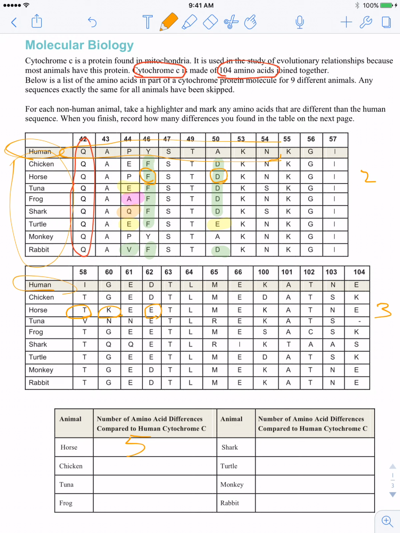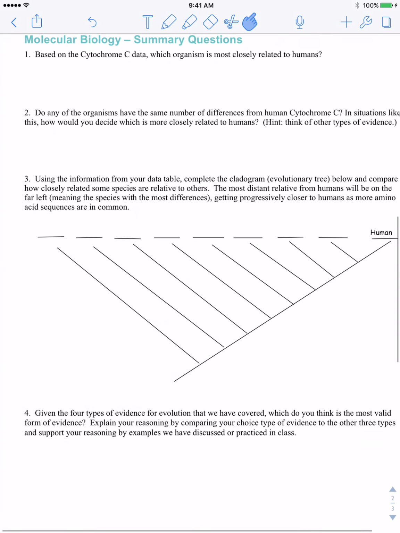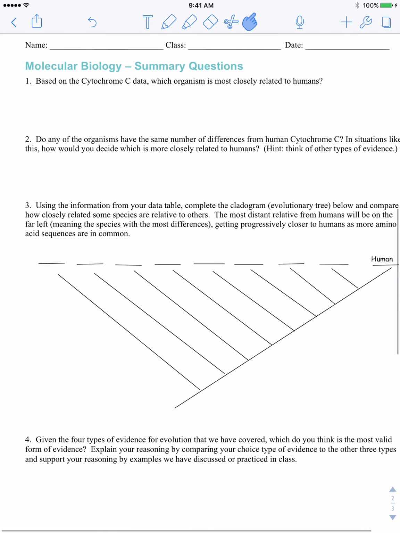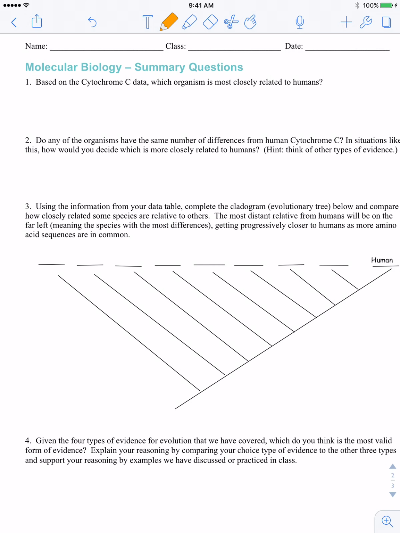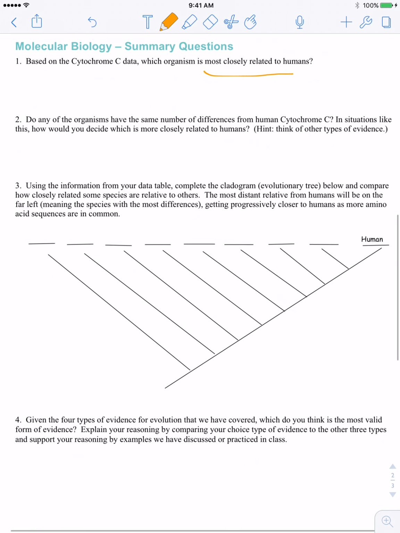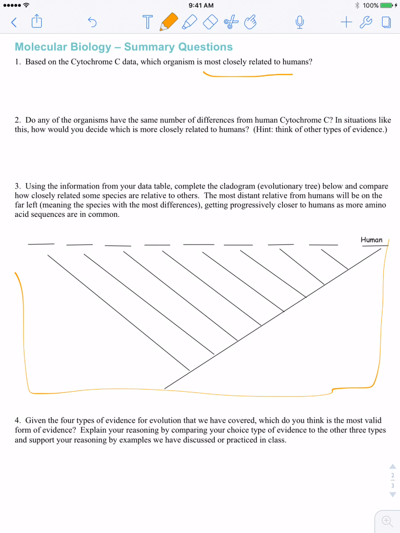So what you're going to do is find all the different spots where each animal is different from the human, and then record their numbers for the bottom chart right here. And then whichever organism has the least amount of differences is going to be most closely related to us. And in that vein, when we look at this tree down here called a cladogram, this cladogram is organizing all these different species in terms of how closely related they are to the human.